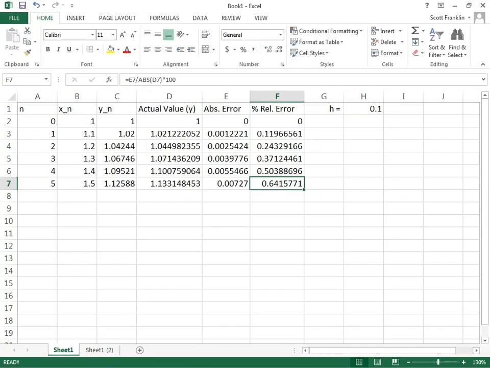If something is order H to the 4th, that means your error is basically going to be cut to 1/16. Taking a half smaller step, you get 1/16 of the error you originally started with, which is a whole lot better than just behaving exactly the same as H does. So that's why Euler's method is not a good choice, but it's still easy to implement. A little bit harder to implement RK4, which is one of the gold standards and commonly used techniques for that.